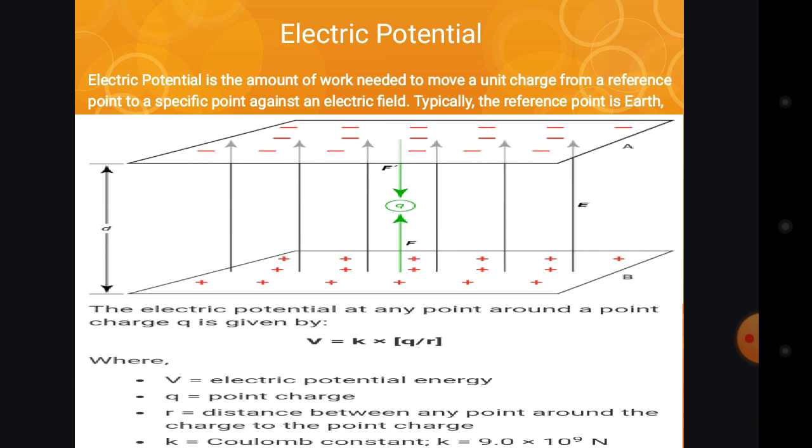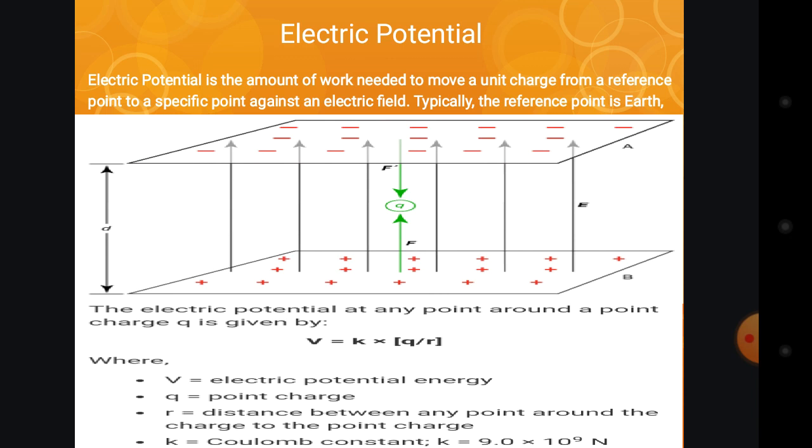Normally that reference point is the earth. If you look at this diagram, it is trying to show us the electric field.